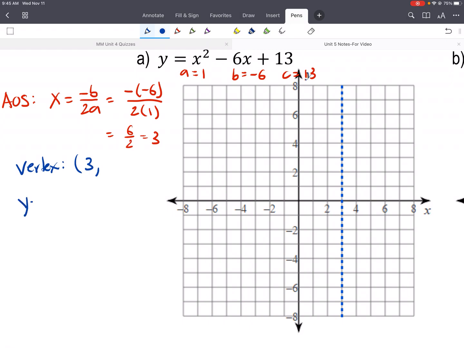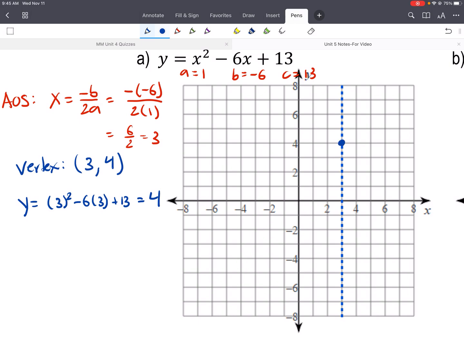So y is equal to 3 squared minus 6 times 3 plus 13, and that ends up giving us 4. You could just use your calculator. So our vertex here is 3 comma 4.